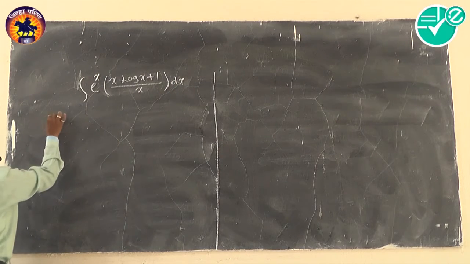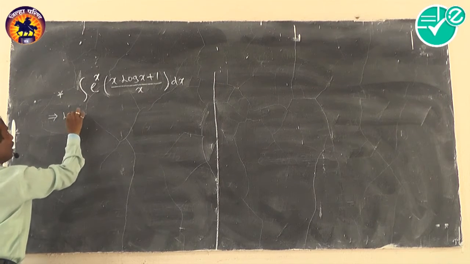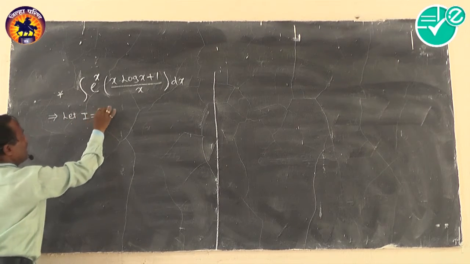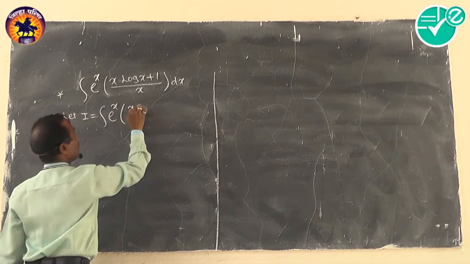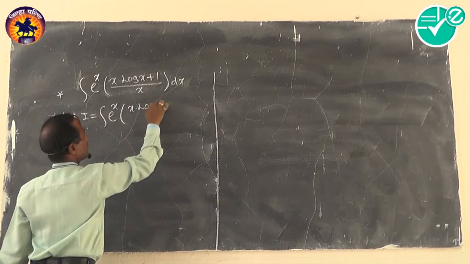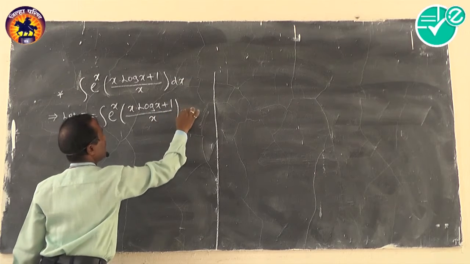Now solution of this example: let I is equal to integral of e to the power x into (log x plus 1) divide by x dx.